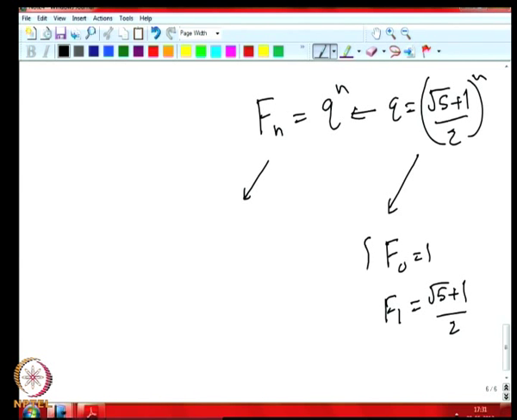Because a recurrence relation gives the same sequence only when you start with the correct initial values. If we start with other initial values we will definitely get a wrong thing. If you had started with these two initial values, definitely this formula will give the correct solutions, right, because that is what it says.